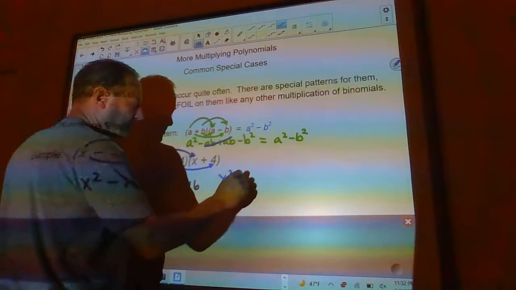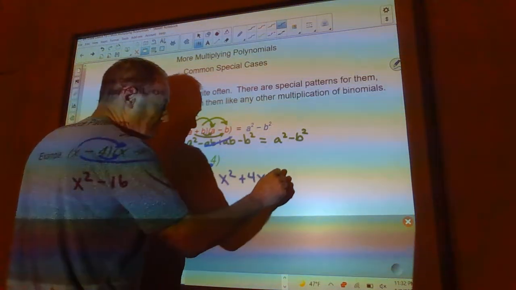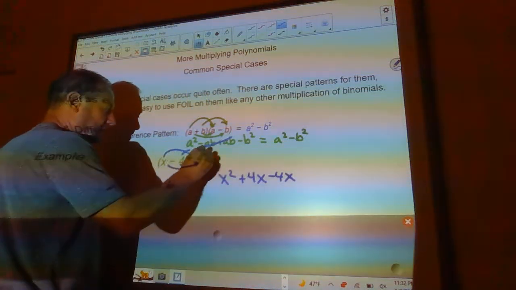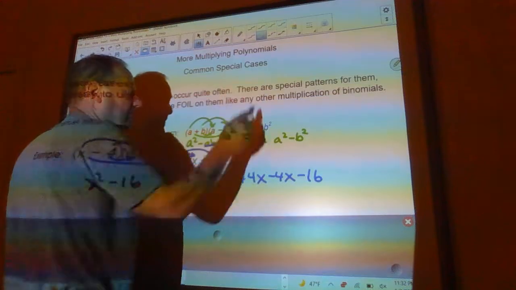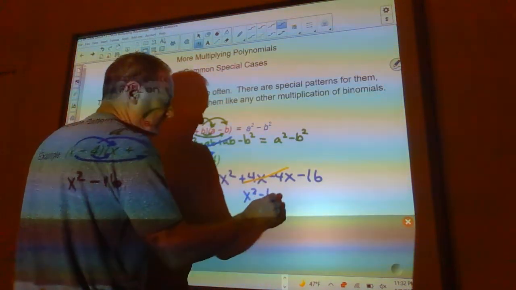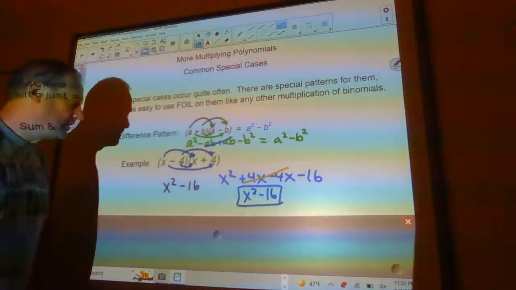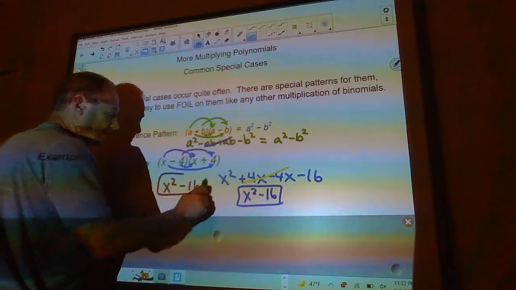X times 4 would be 4x. Negative 4 times x would be minus 4x. And negative 4 times positive 4 would be minus 16. And then, like I said, these two are going to cancel out, and I'm going to get x squared minus 16. So it confirms the answer that we got before using the pattern.